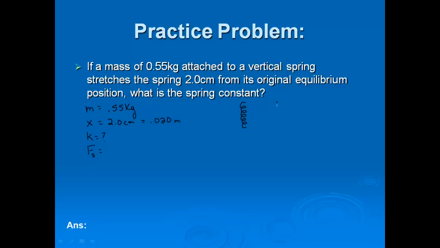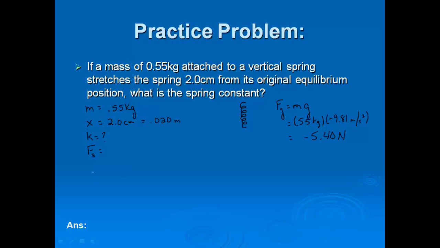So we're going to be able to say the force due to gravity, or its weight, is going to be its mass times gravity, and we know gravity is in a negative direction. 0.55 kilograms times negative 9.81 meters per second squared, and that is going to give me negative 5.40 newtons.